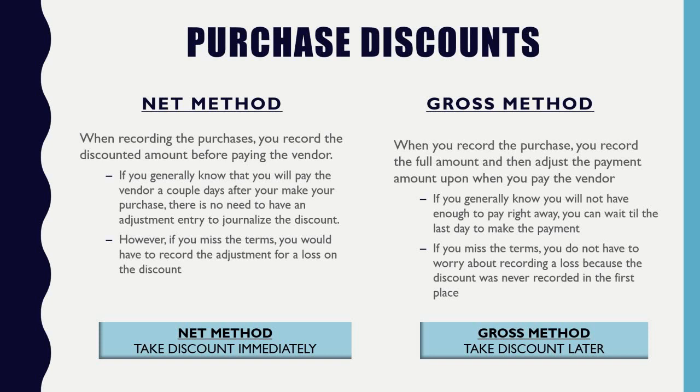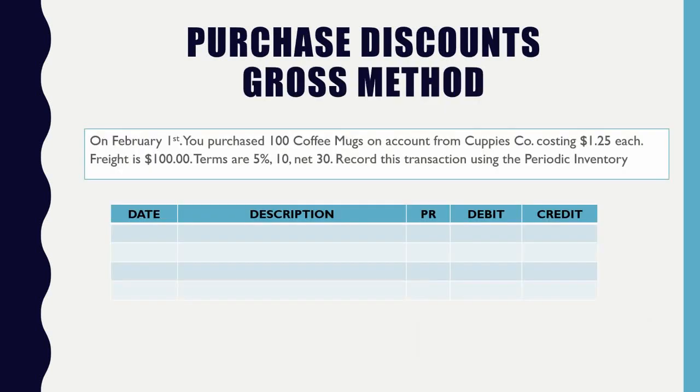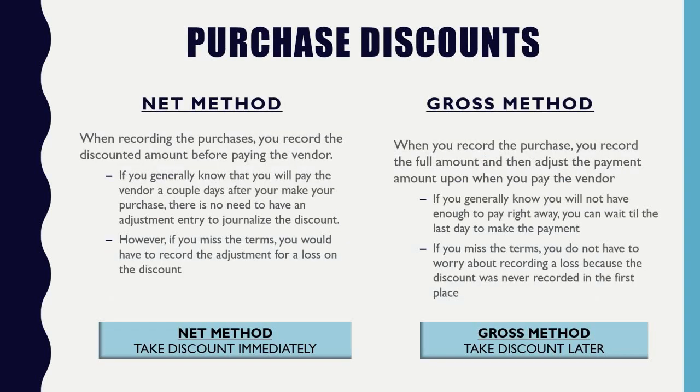So let's take a look at the gross method. Let me go back real quick. The choice between the net and gross method also depends on how well you are paying off your bills. If you're a huge company, the net method would most likely be more widely used, especially because you have the money to pay it off right then and there.